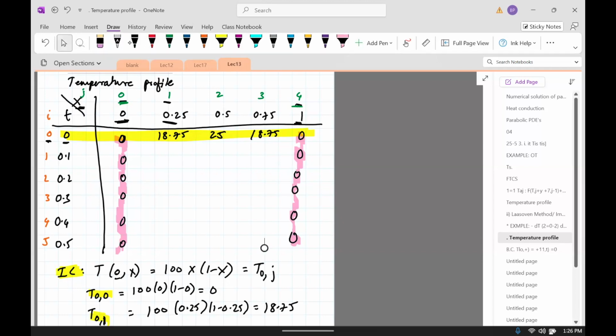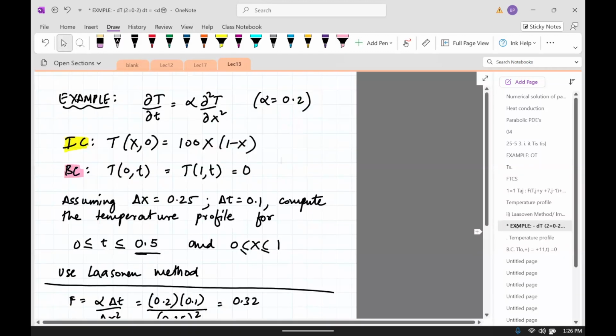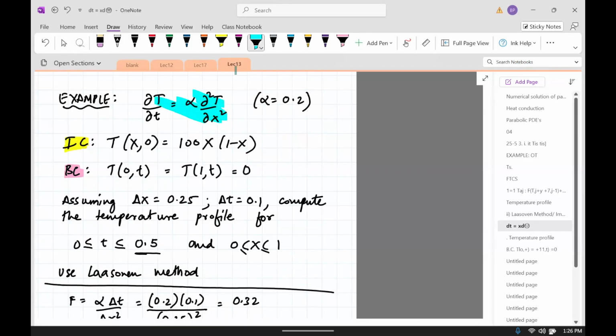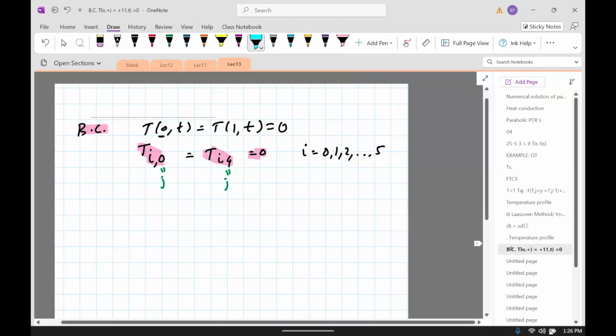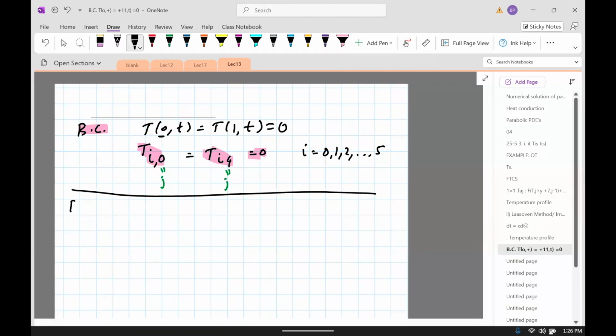Okay, so next, let's go and start using the equation. The equation is right here. Let's take that equation, and since we're using this method, let's write the formula down. Here f is 0.32. So here it is, the PDE.